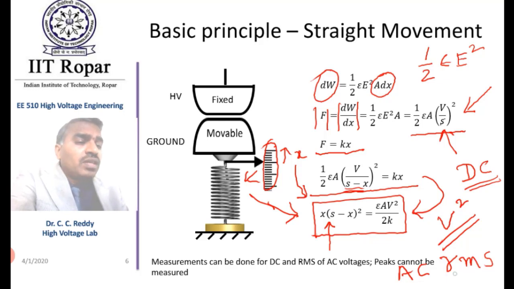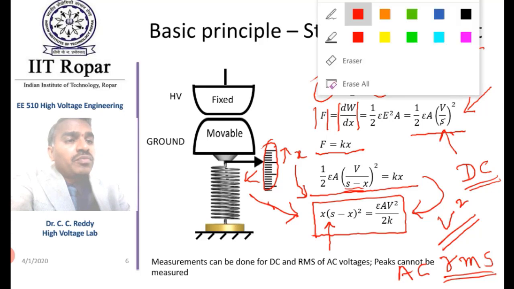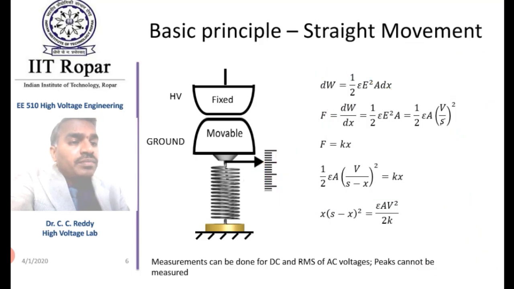So that's how I am mentioning, whenever V square is there, you can measure the RMS quantity. So this is about this kind of setup where you have one fixed electrode and the other movable electrode moving vertically.